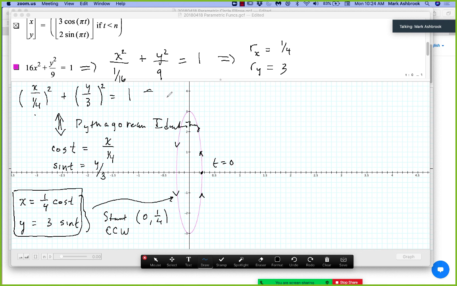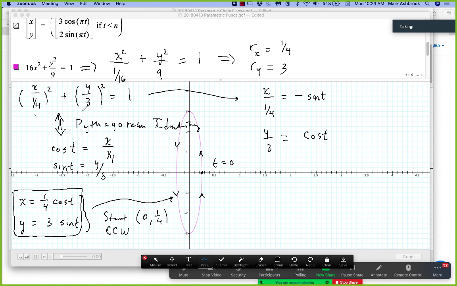Okay, so notice, looking at this, could I let x over 1/4 be equal to, say, negative sine t, and y over 3 equal to positive cosine t, because x and y have ambiguous directions?